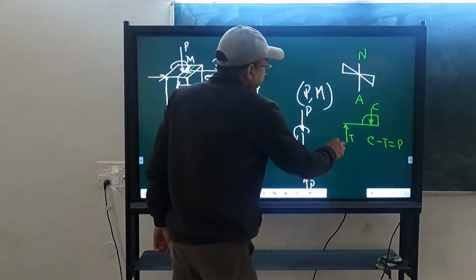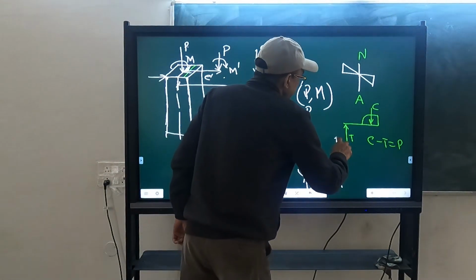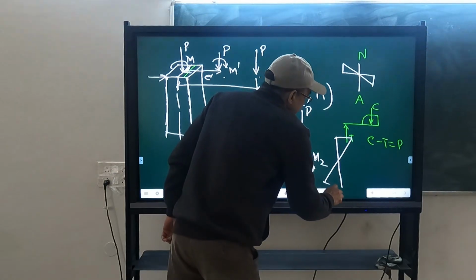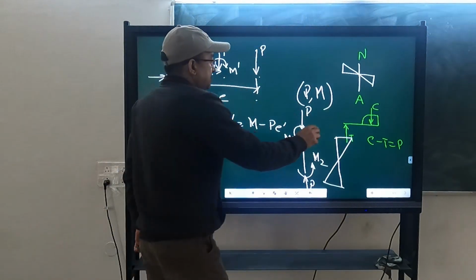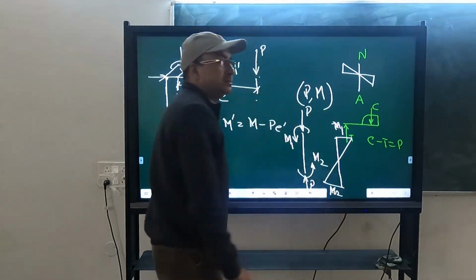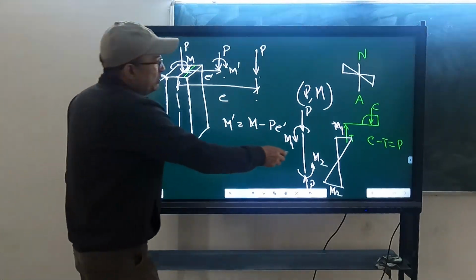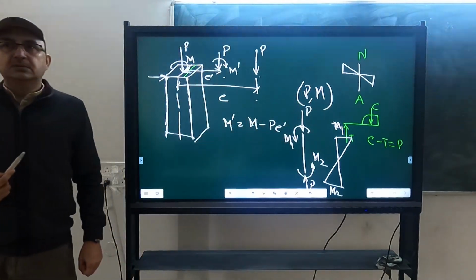The bending moment diagram will be like this. On the tension side I am plotting, so this is tension, here this is tension. This is M1, this is M2. So you can see that the bending moment is varying along the length.